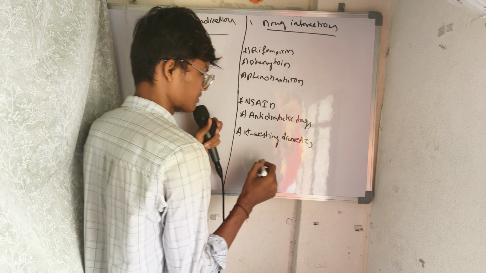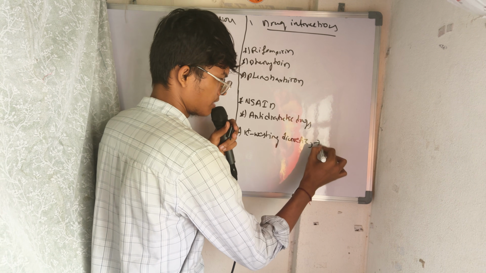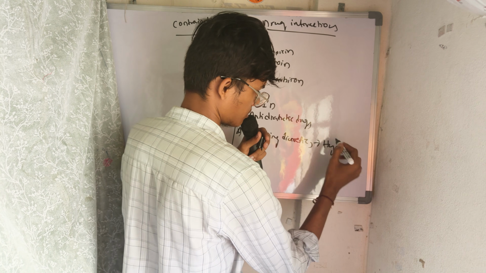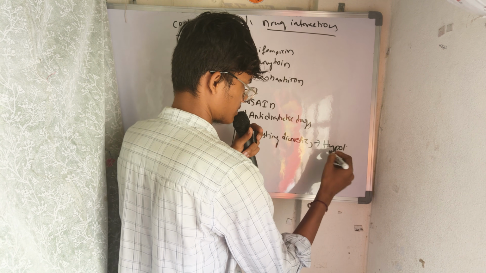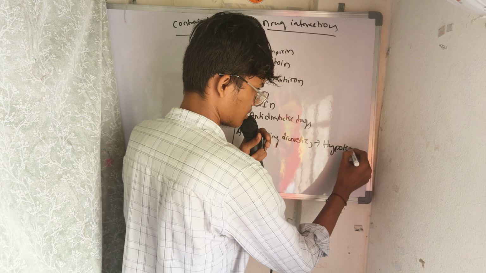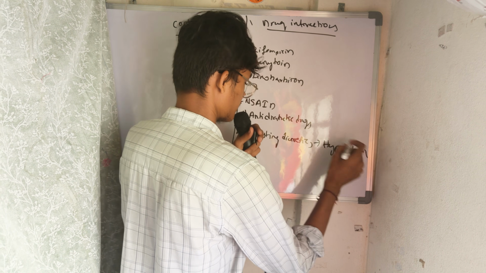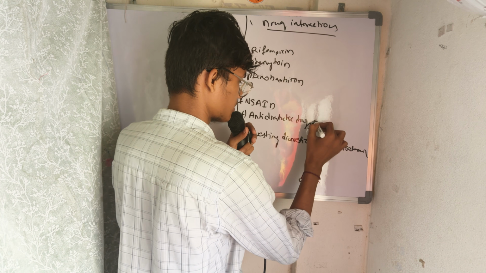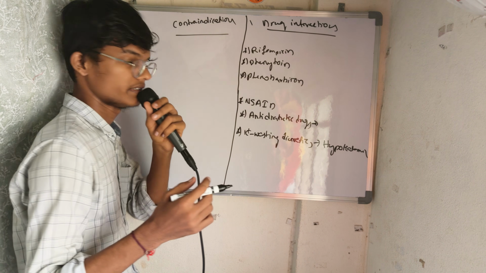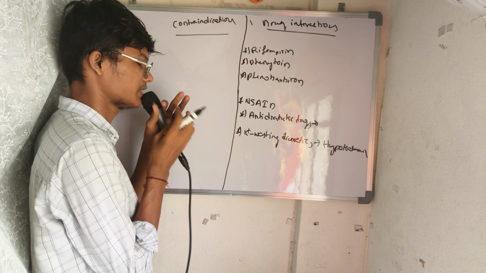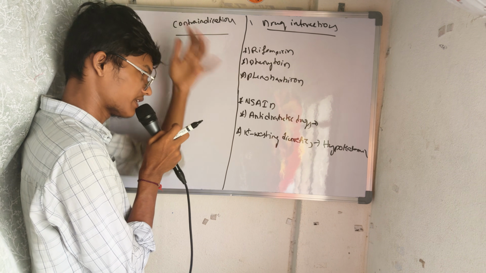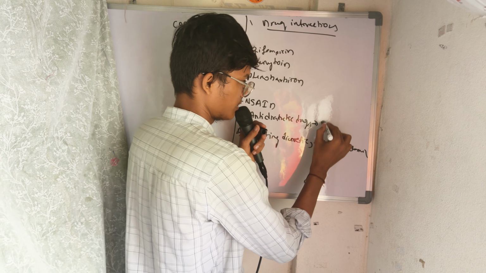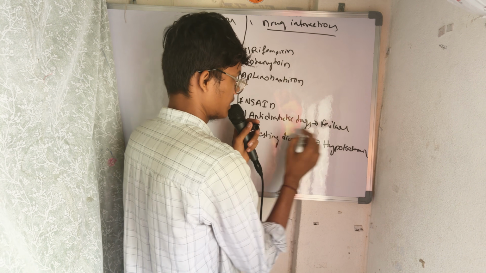Okay, potassium-wasting diuretics, if you give along with them, it might lead to hypokalemia, because the steroids also excrete more potassium. And in anti-diabetic drugs, the steroids are causing hyperglycemia, and we are giving anti-diabetic drugs. What is the use of combining both, right? So there might be failure of the anti-diabetic drugs.